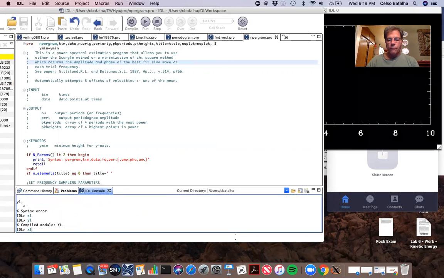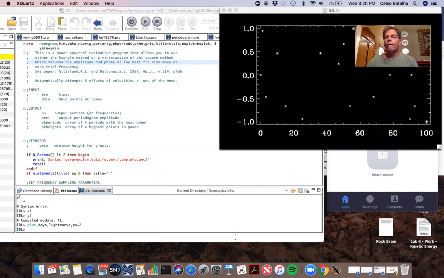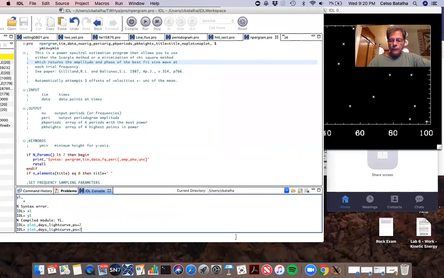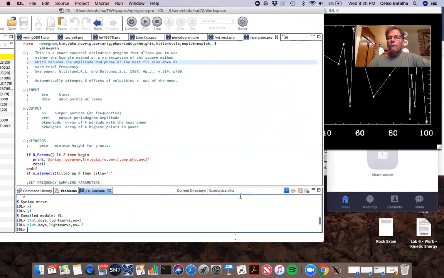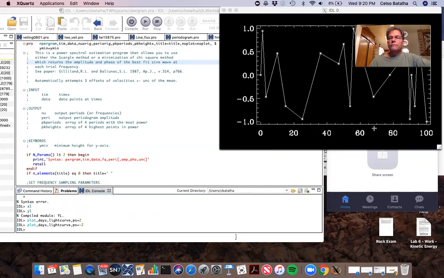Okay, I'm doing it again. There you go. So this is what we get. Can you see any periodicity here? No. So we don't know, right? It's all confused. I can even connect the data points, and that's what we got.